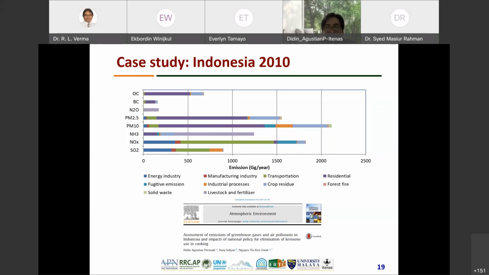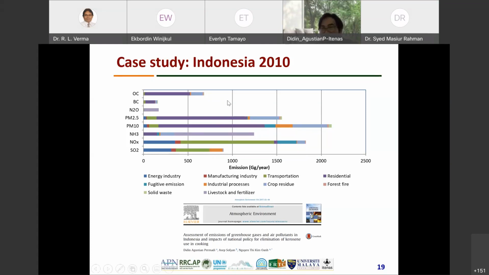This is one of the largest energy programs that has been conducted in developing countries, because the government would like to replace the kerosene use in the residential sector with LPG.